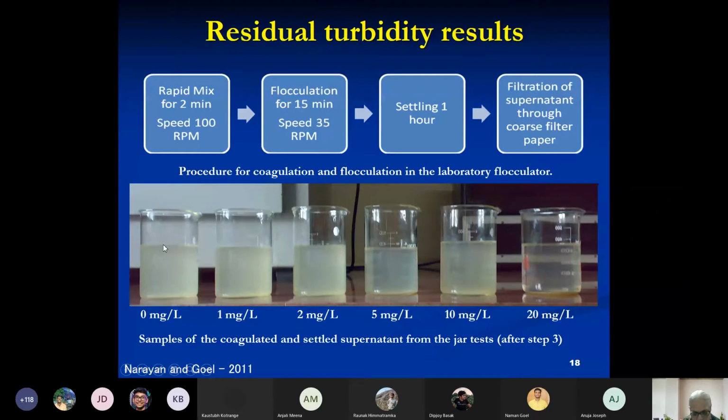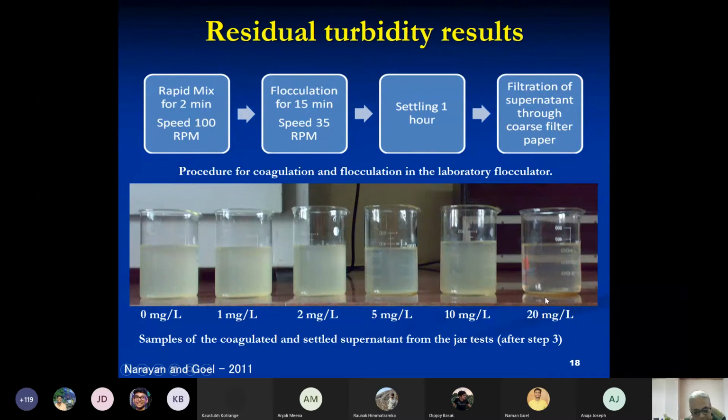This is typical of jar test results. You get what is called a minima at this point when the charge on the particles is completely neutralized. As you add more coagulant, you get restabilization of these particles, and then you get what is called sweep flock formation. So when you add too much of the coagulant, you get precipitates.